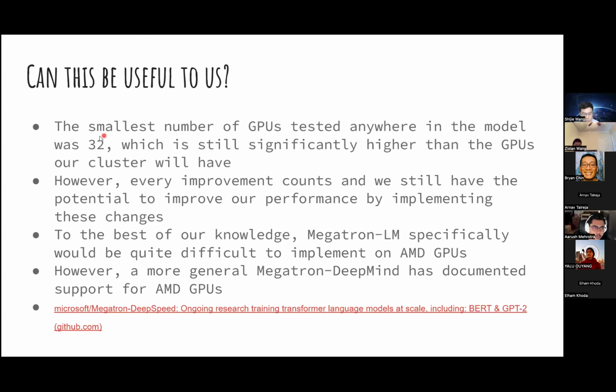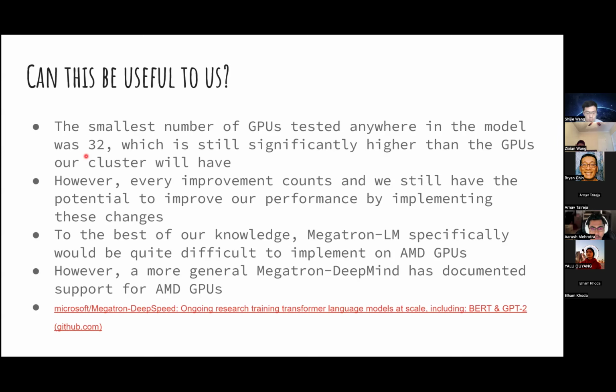And now I want to flip the lens a little bit and see whether everything we explored can be useful to us preparing for SCC24. The first thing we realized is that the smallest number of GPUs tested anywhere in this paper was 32, which is still higher than the number of GPUs our cluster is going to have.